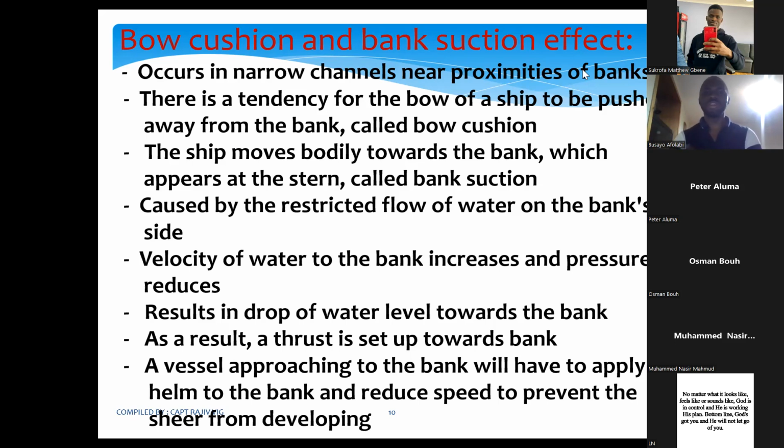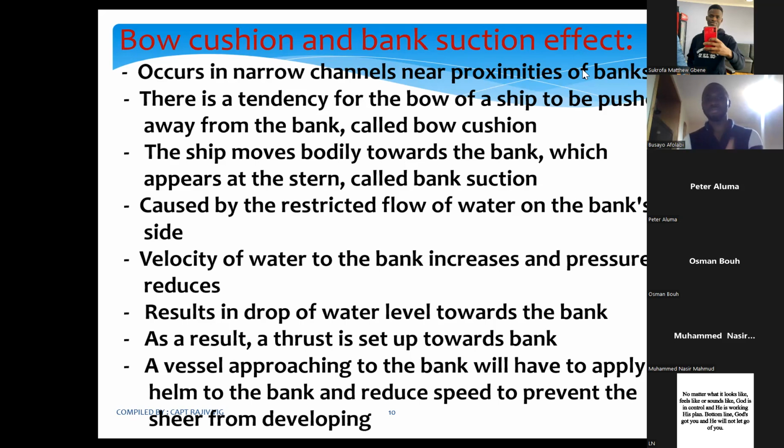Because the bow of the ship is going to be pushed away from the bank itself, and the ship body will move towards the bank, and it will appear as if the stern is moving towards it, and that's when we call the bank suction effect.